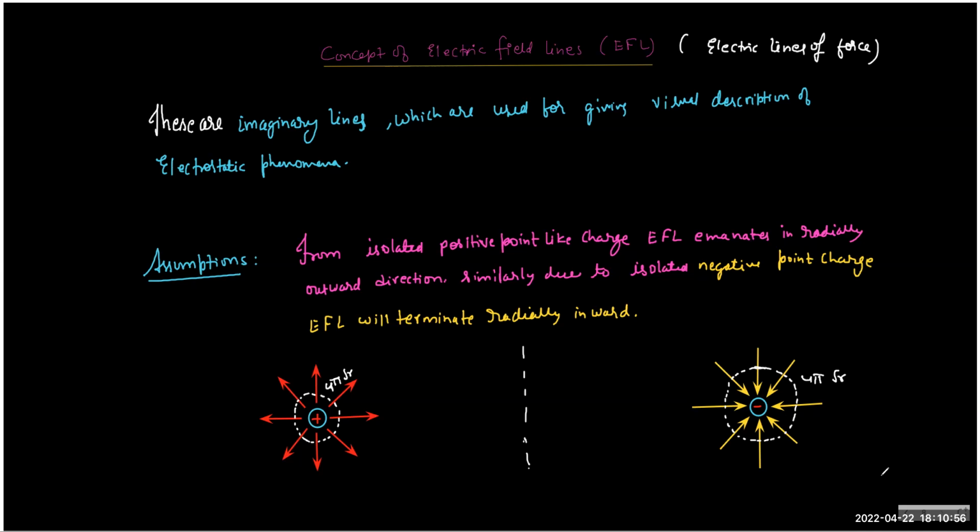So the question is how much it will release or terminate. Will it be the same for all charges, or different? Logically speaking, it should not be the same for all charges. Otherwise, no matter how much charge you choose, all would give the same electric field, isn't it? So there should be some relation.